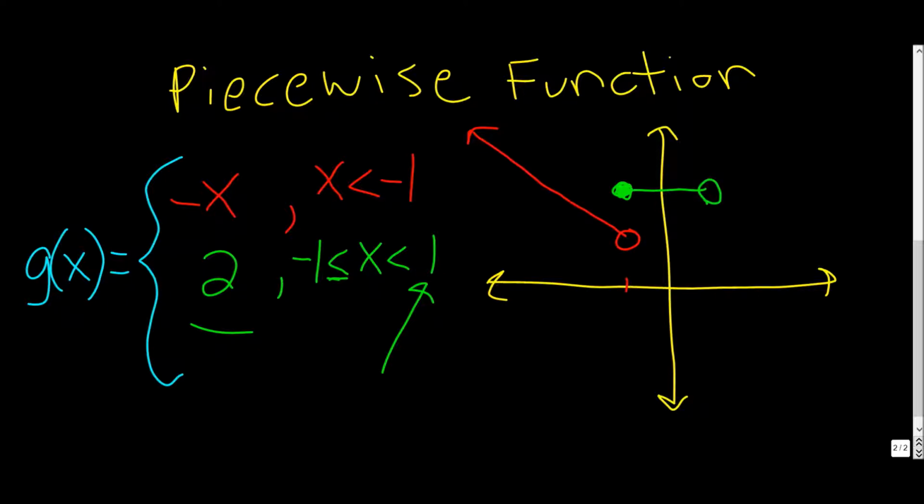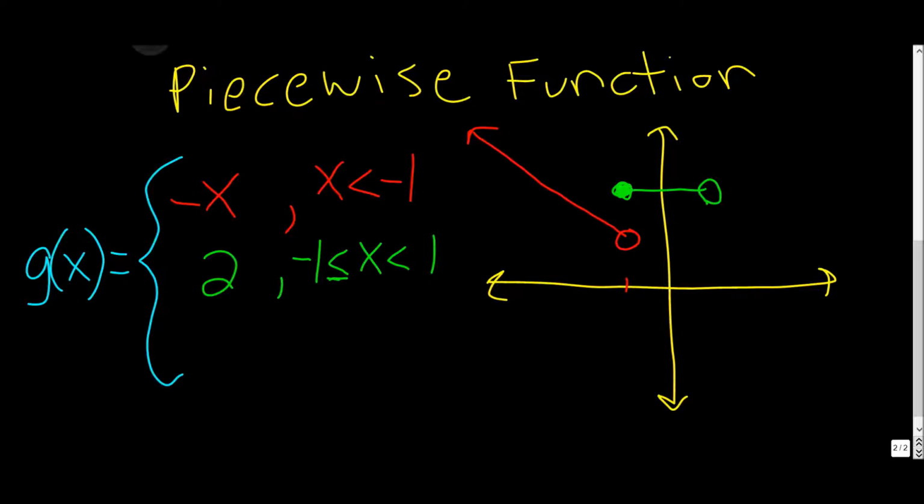So again, another thing. This function changes what it is depending on what x values it is. It's not consistent, and that's okay. It doesn't have to be. And let's look at, let's say, our last one.